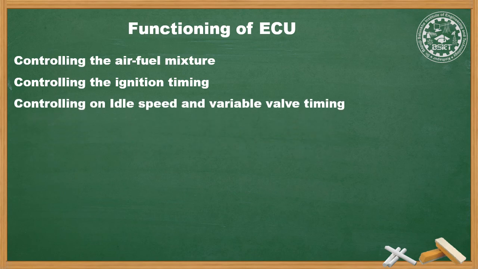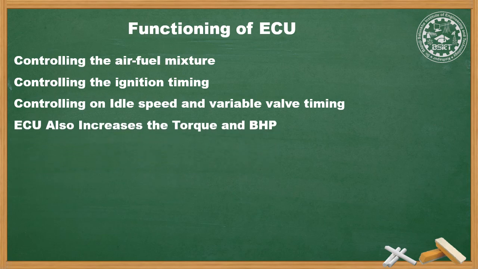Third, controlling idle speed and variable valve timing. The speed of an IC engine is also controlled by the electronic control unit, and the valve timing is also controlled by the electronic control unit, as we have seen in VVTi engine. And last is increasing the torque and brake horsepower.